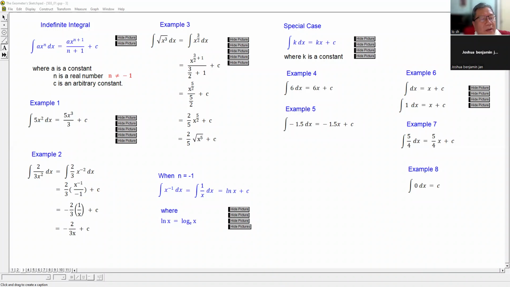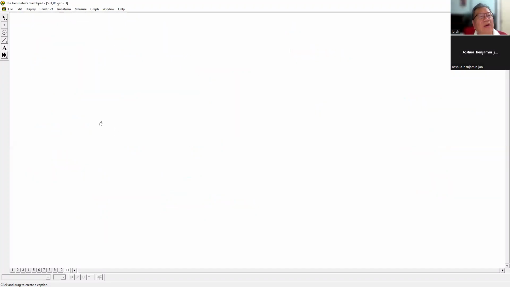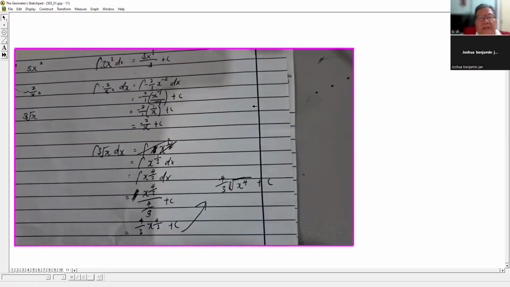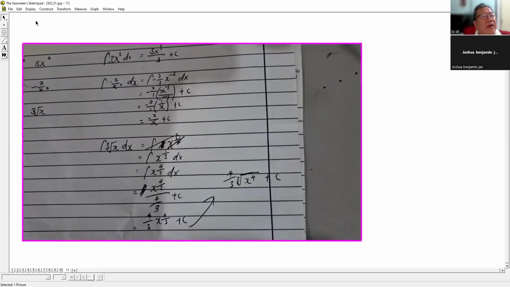Okay, right. So copy, then paste. Okay, right. So this one, the 3 can cancel.